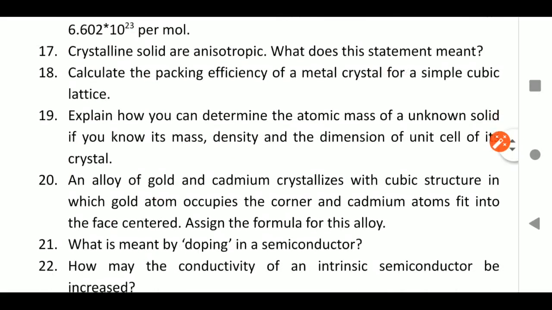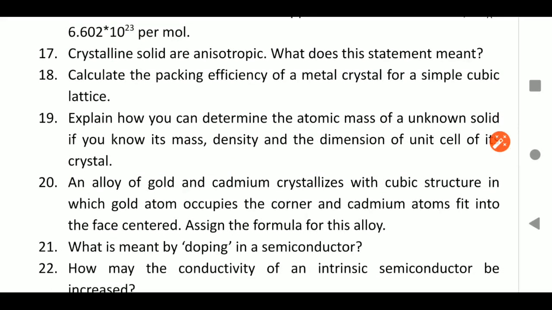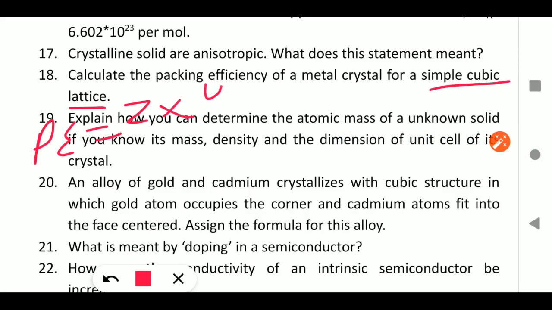Next is: calculate the packing efficiency of a metal crystal for a simple cubic unit cell. Packing efficiency is number of particles into volume occupied by one sphere, and volume of sphere is 4/3 pi r cube, divided by volume of unit cell, into 100.